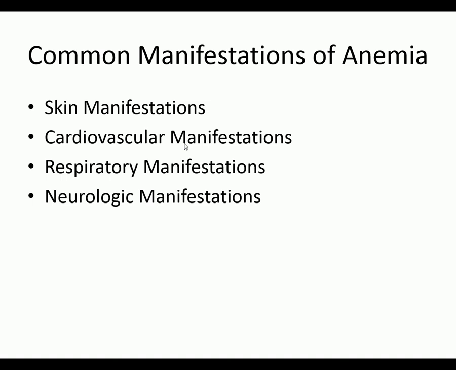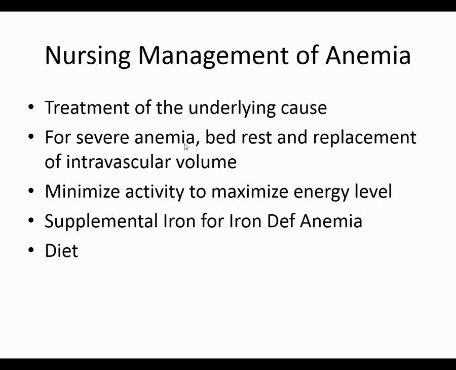Okay. Now your nursing manifestations for anemia, you want to treat the underlying cause of that anemia if you can determine it. For instance, if it is because of hemorrhage, of course you're going to treat the hemorrhage. If it's because of iron depletion, you're going to make sure that they're on iron supplements and that their dietary needs are met.